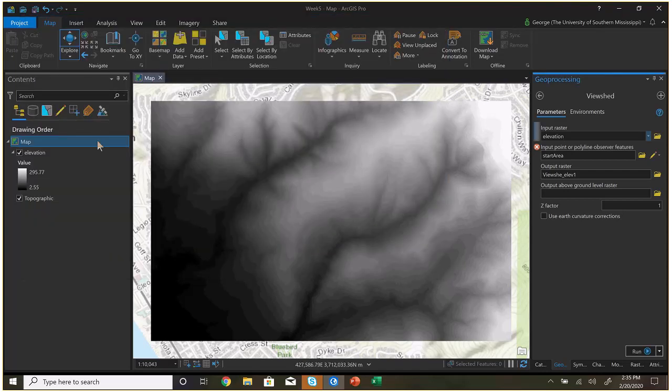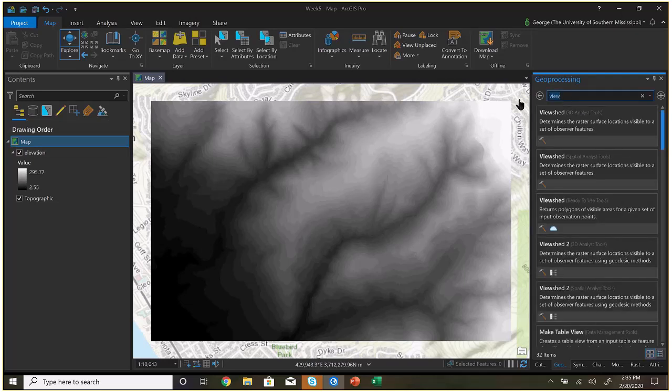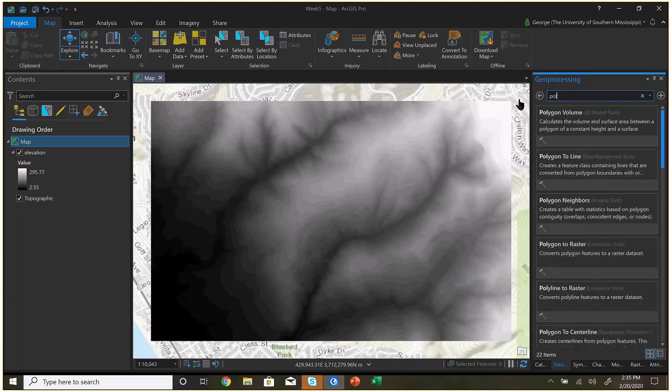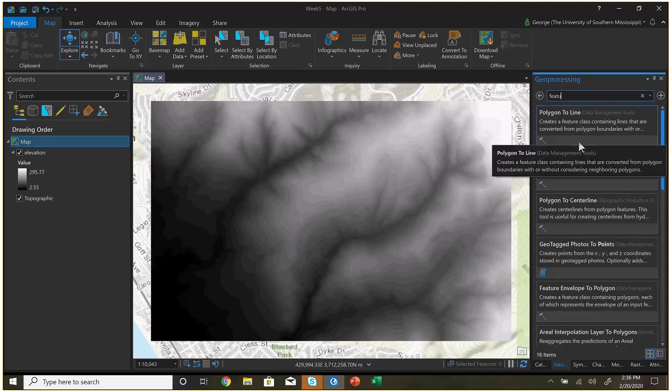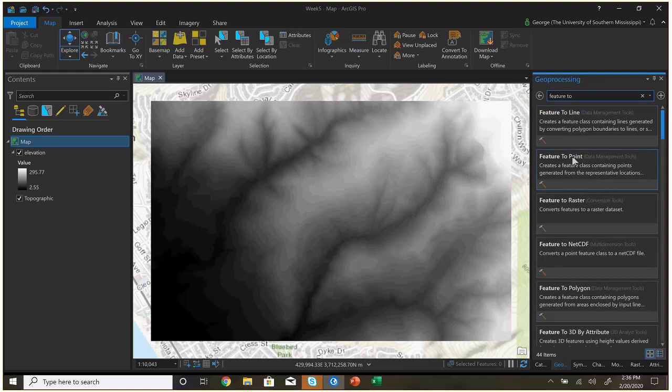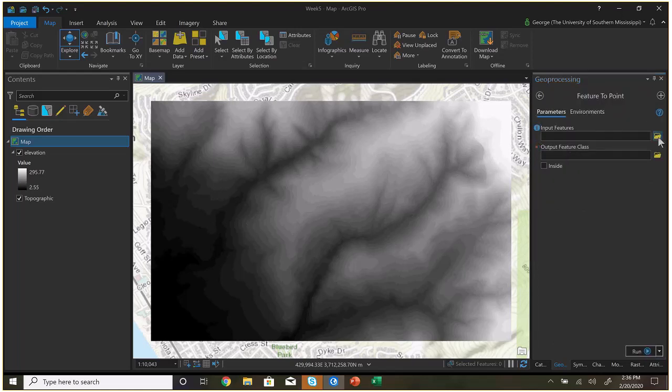Okay. I don't. Polygon to point. Feature point. Okay.